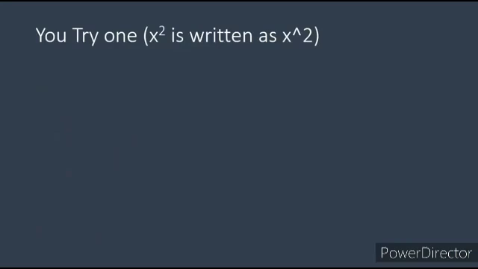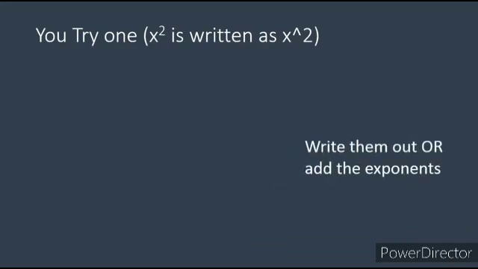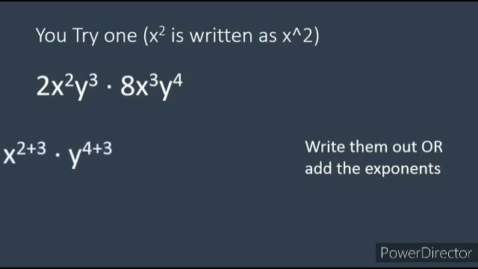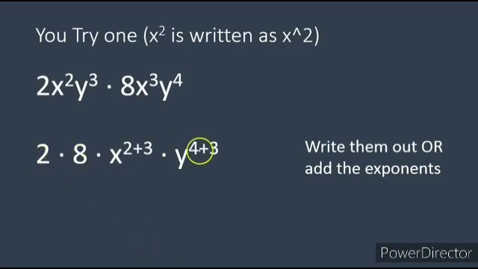And let us solve few more examples based on the different variables with different powers. So you can do directly by adding the exponent. 8 2s are 16, x to the power of 2 and x to the power of 3 is there. So you can add the exponent of same variable, and y to the power of 3 and y to the power of 4 is there.